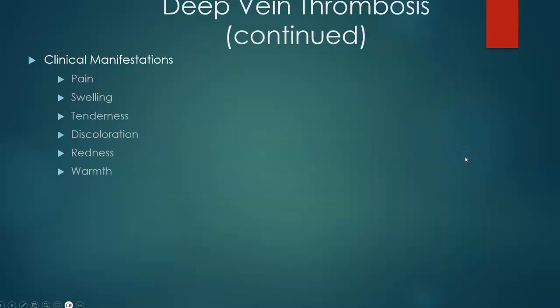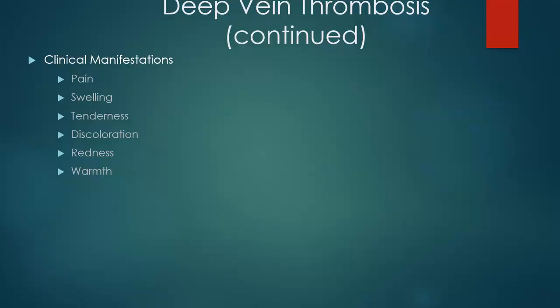All right, so some clinical manifestations. People with DVTs may or may not have symptoms. The clots can cause partial or complete blockages of circulation in the vein, so that can lead to pain, swelling, tenderness, discoloration, or redness and warmth in the affected area.